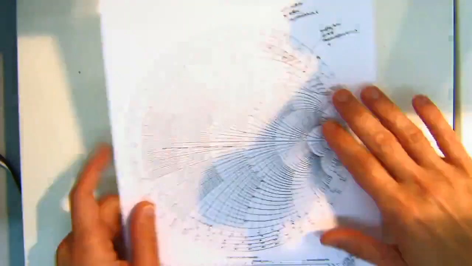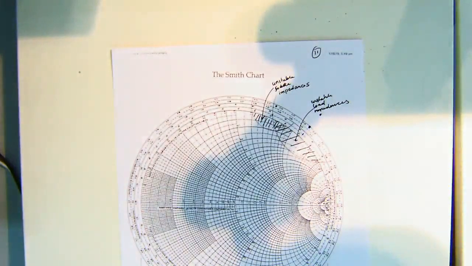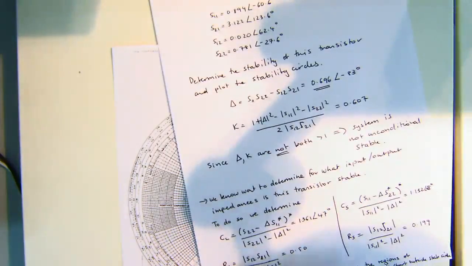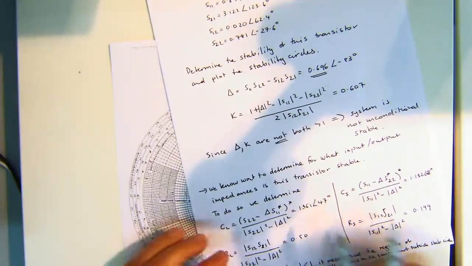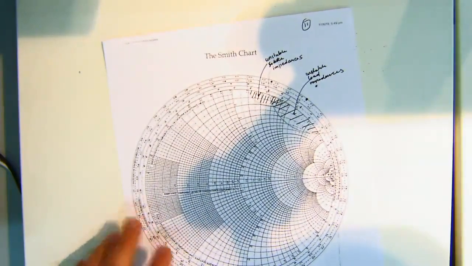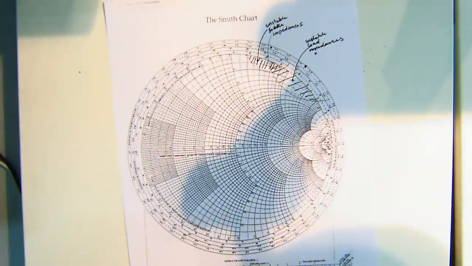Let's go through the process of doing a design. We're going to print this on our favorite Smith chart, and take out a dangerous piece of equipment here. What we want to do is draw on the Smith chart the center. We said the center was 1.361 angle 47 and radius 0.50.